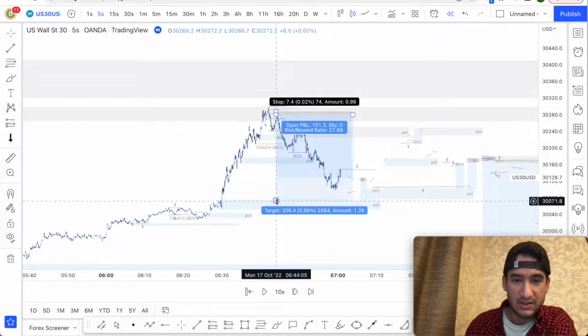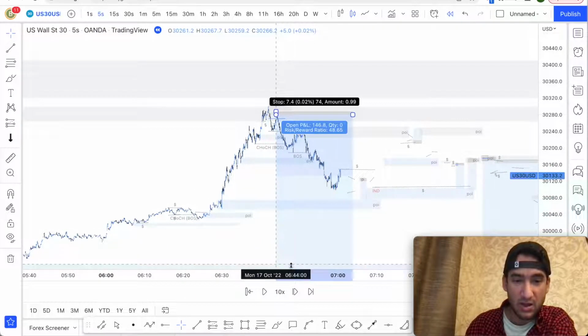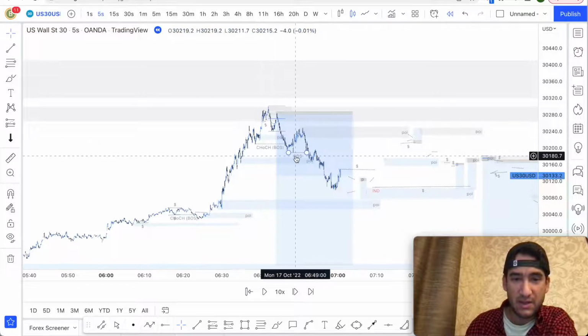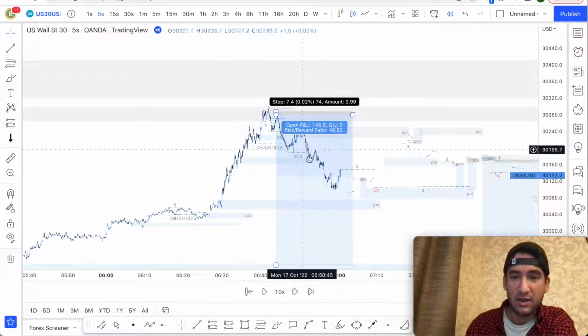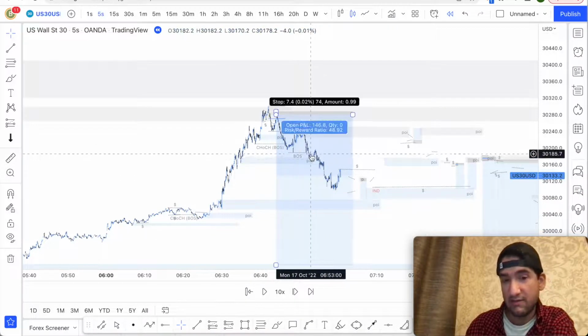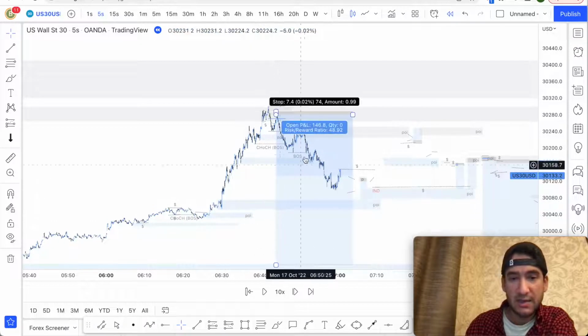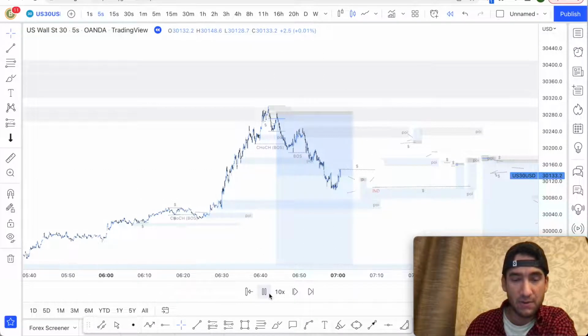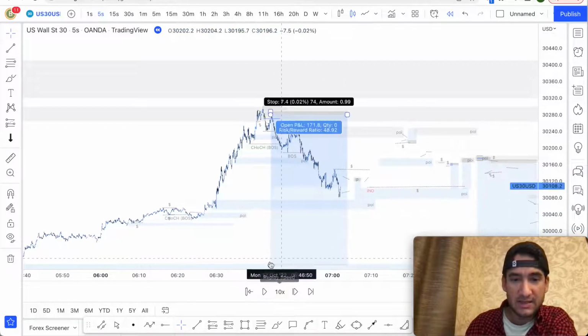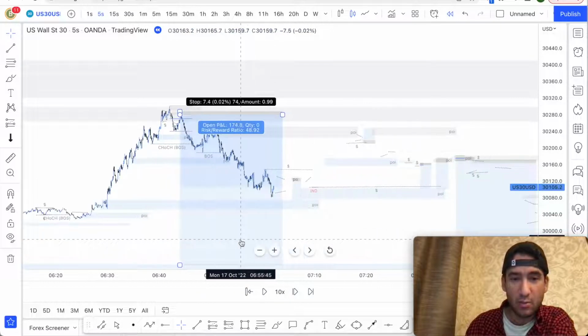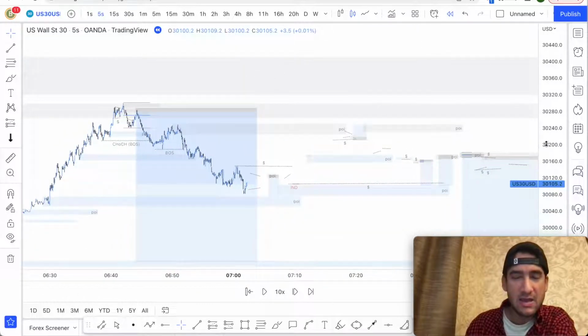But I also decided, well, maybe I could target this demand as well, because now that I've taken the majority of my money here, I now have a lot of it. I have most of the trade, most of the money now floating in here too. Okay, and so I'm taking partials as I go bearish here. So I extended down to this demand, working to see if prices will come and tap that low.